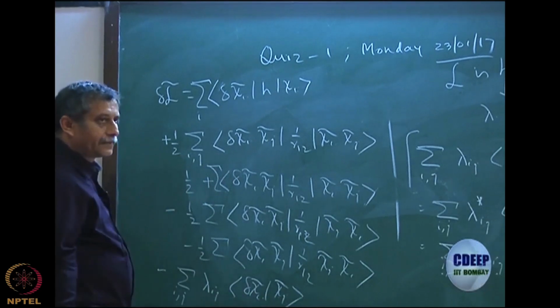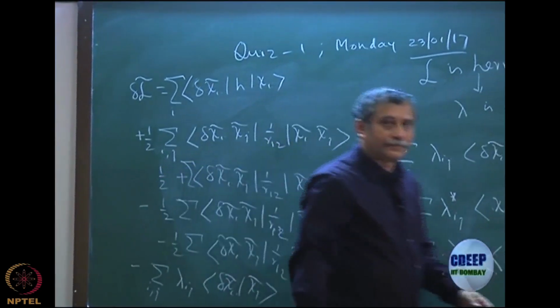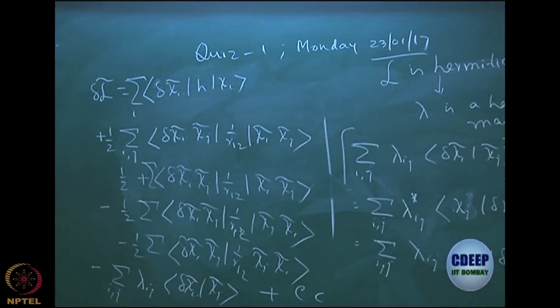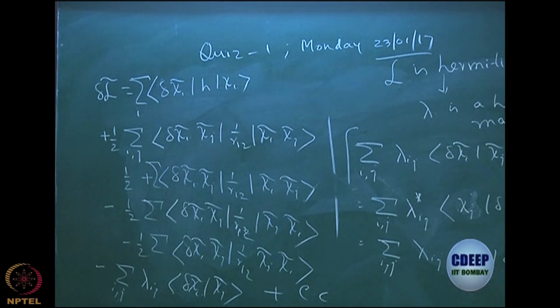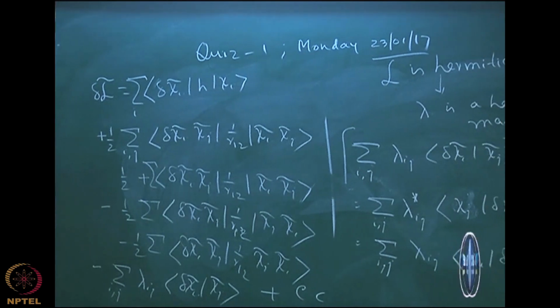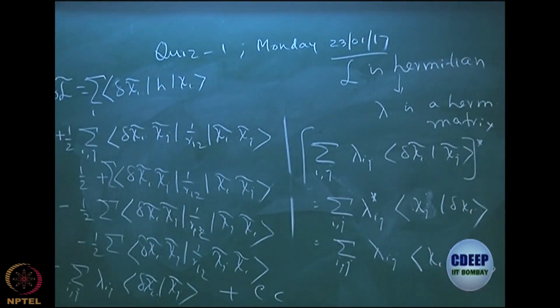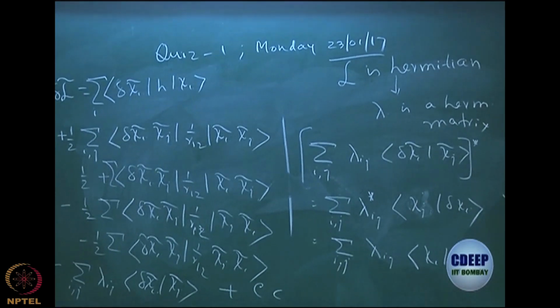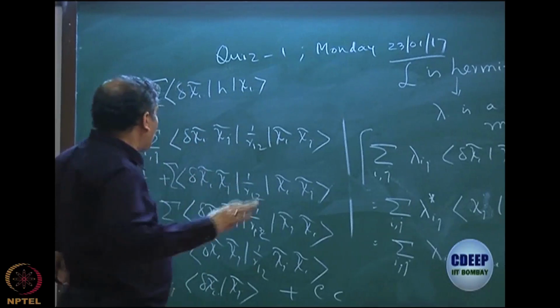That's it. And then I just say that whatever it is, plus complex conjugate. All the terms you take conjugate. Is it okay? With a sum over I, I'm actually allowed to write this.